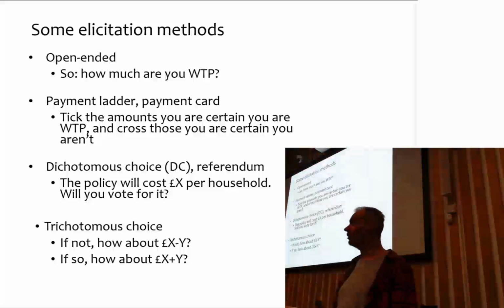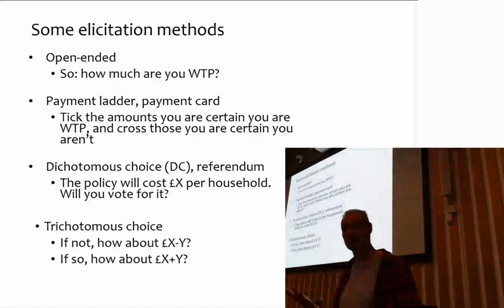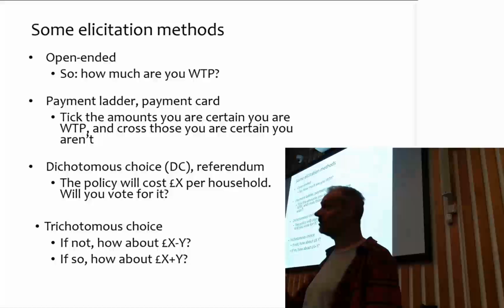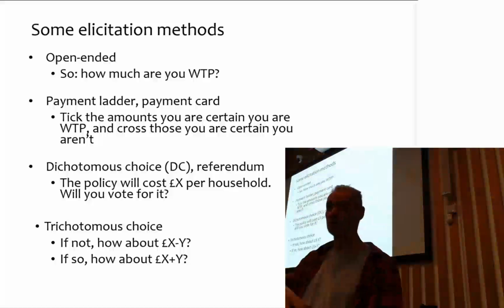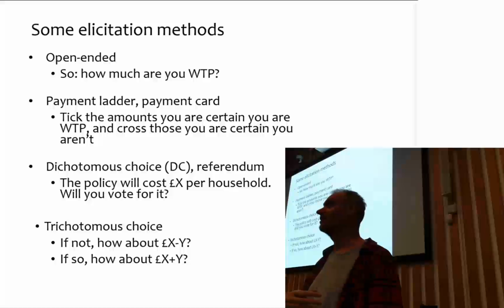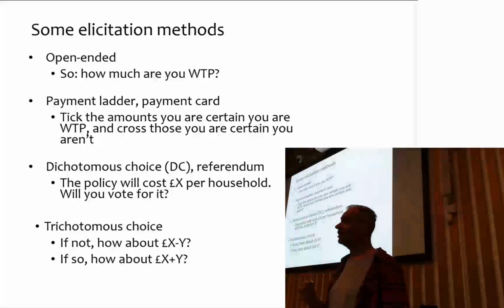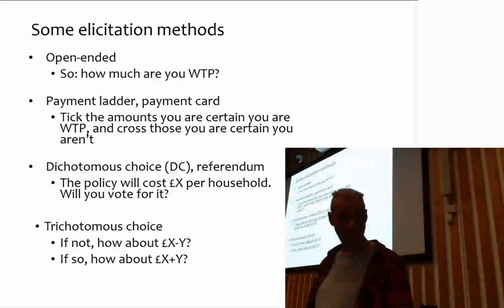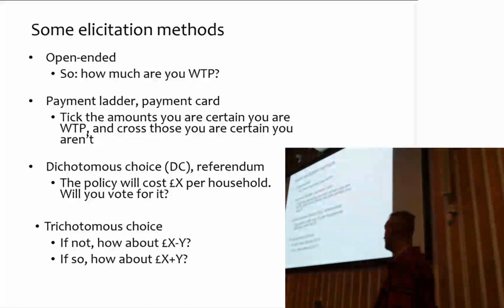If you say no to the first question, then I ask the question, are you willing to pay 25? And then if you say yes to the second question, I have an upper and a lower bound. Your willingness to pay is somewhere between 50 and 25. If you say no to both questions, then I only have an upper bound, 25. If you say yes to both questions, I only have a lower bound, right? It's more than 75. So you learn more about people's preferences in this way.